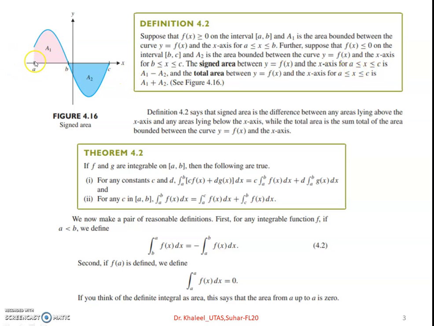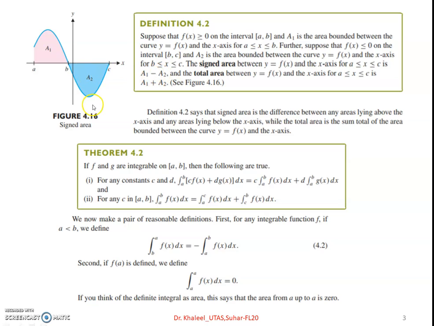is given by A1 minus A2. This is the signed area. Since A1 is above, it is positive, and A2 is below, so it is negative. The signed area from a to c is given by A1 minus A2.